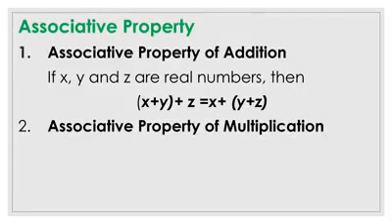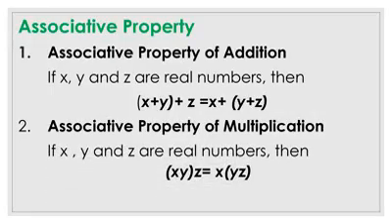Another, we have the associative property of multiplication, wherein if x, y, and z are real numbers, then the quantity xy times z equals x times the quantity y times z. When we say associative property, it states that the grouping of addends or factors does not change the sum or the product respectively.